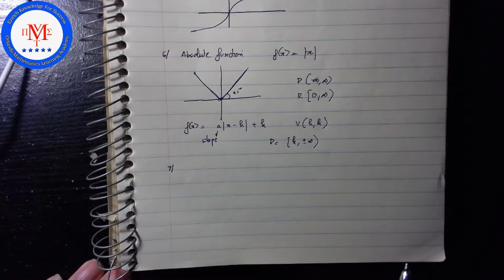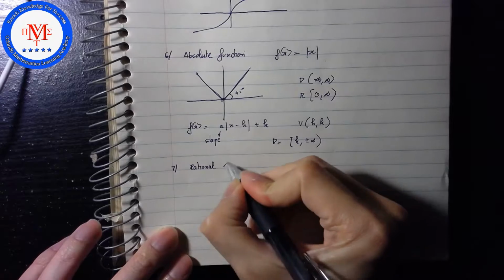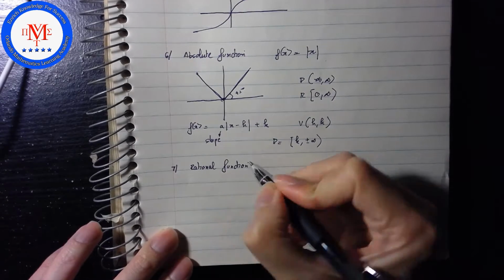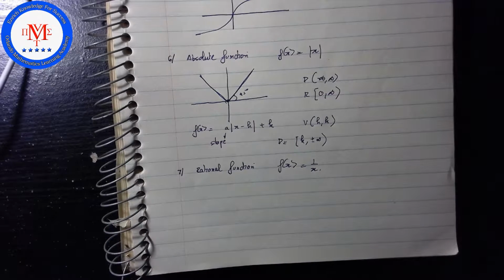Rational function. f(x) equals 1 over x. Again, this is also a very basic rational function. We will investigate rational functions very deeply in the next few chapters, but at this moment we just need to investigate the very basic one.